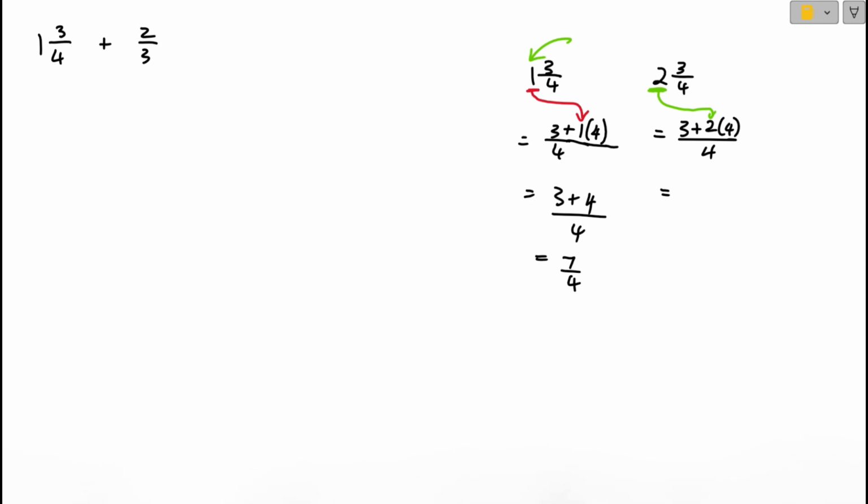And make sure you're always doing it on the numerator side of the fraction. So 3 plus, so 2 times 4 will give us 8. And 3 plus 8 will give us 11. 11 over 4.